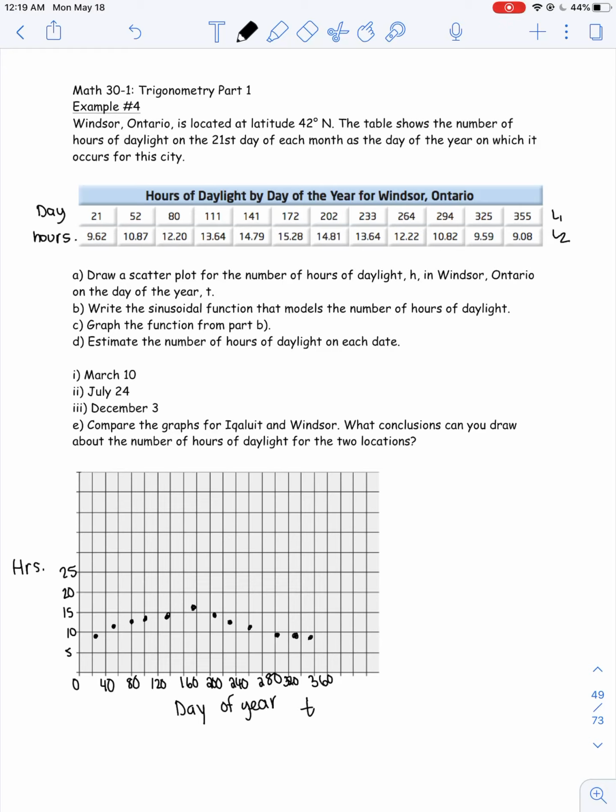Okay, so we did the scatter plot, and that will be day of the year, T, and hours of daylight represented by H. Write a sinusoidal function that models the number of hours of daylight.